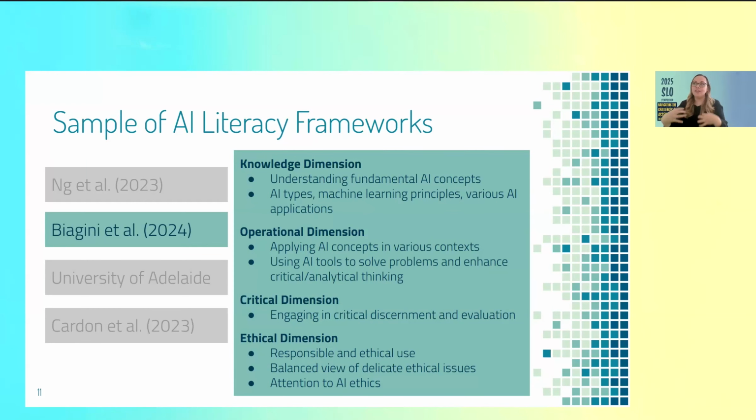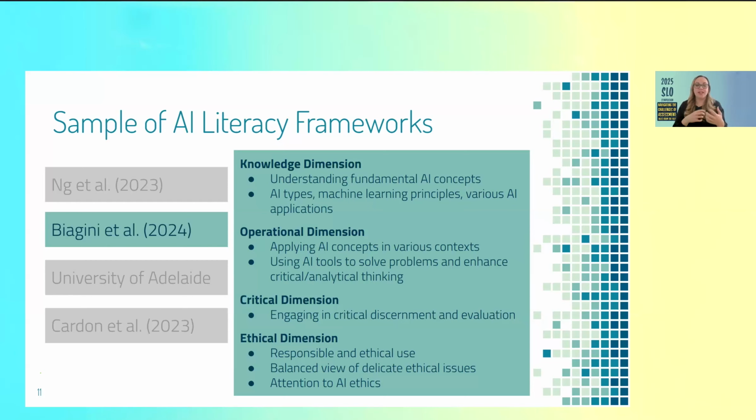And so there's a knowledge domain, where there's an understanding of fundamental AI concepts, understanding different kinds of AI types and things like machine learning principles. And then in the operational domain, it's the actual using of the AI: applying different AI concepts, using different AI tools to solve problems and enhance thinking.